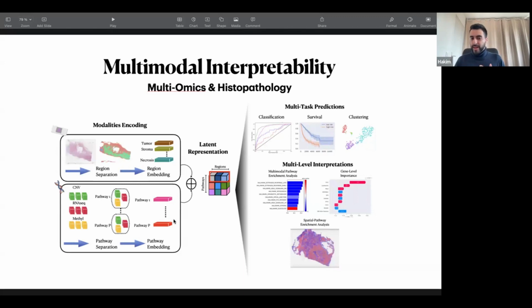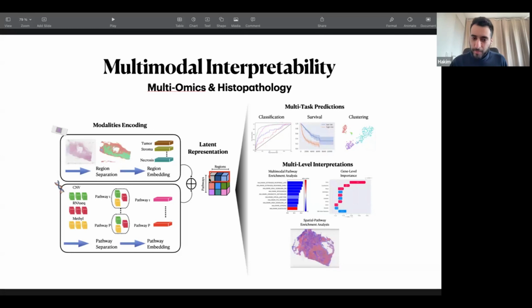Then we create, as a latent representation, a tensor for which each block represents the interaction between one region and one pathway, so that we still conserve the idea of what signal comes from what interaction.